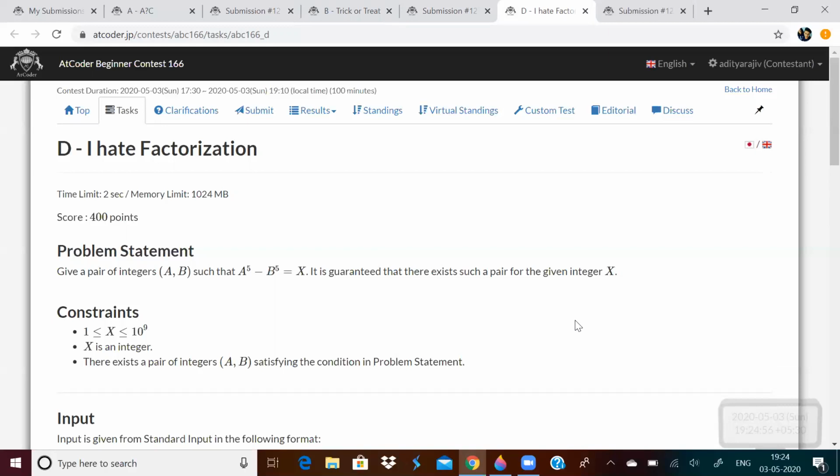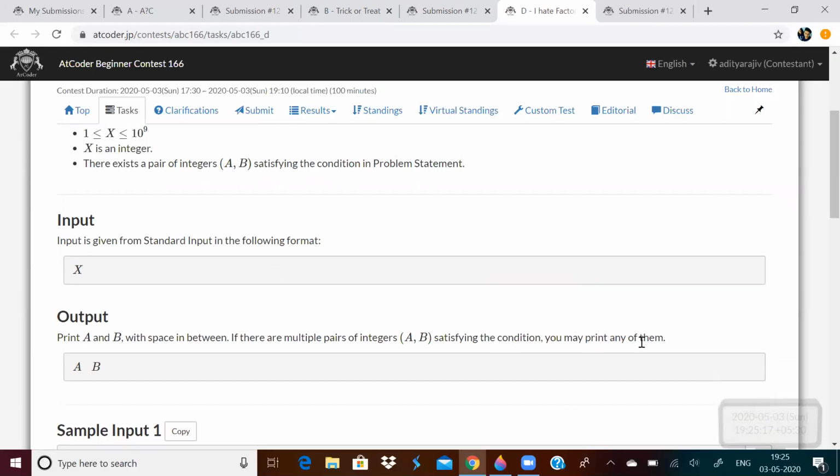Given an integer X, you have to find a pair of integers A and B such that A power 5 minus B power 5 is equal to X. The input is given as X, and it is guaranteed that there is always a pair, and if there are multiple solutions you can print any of them.